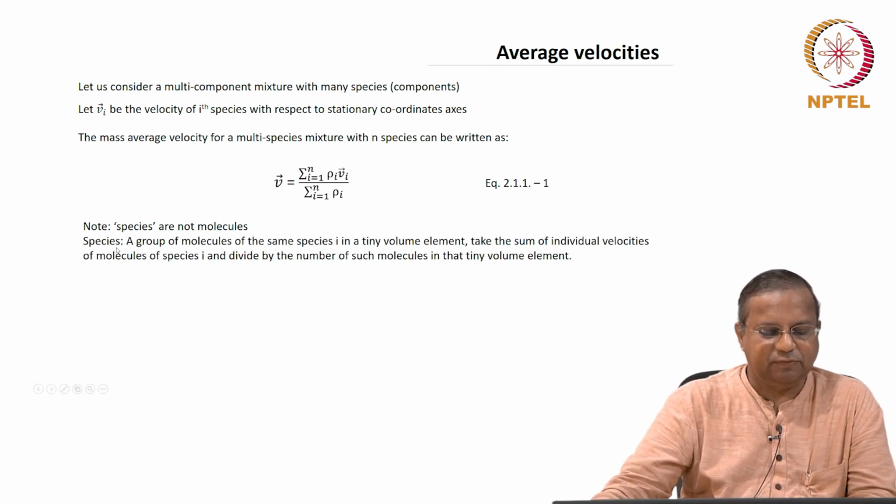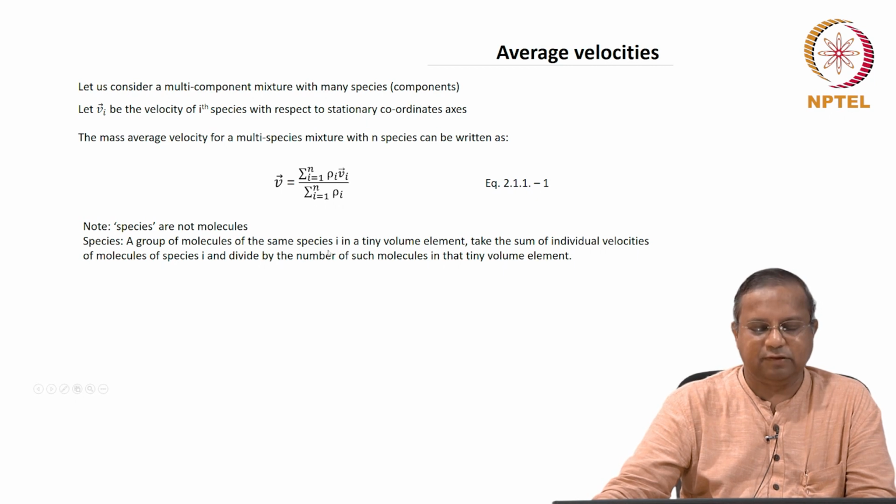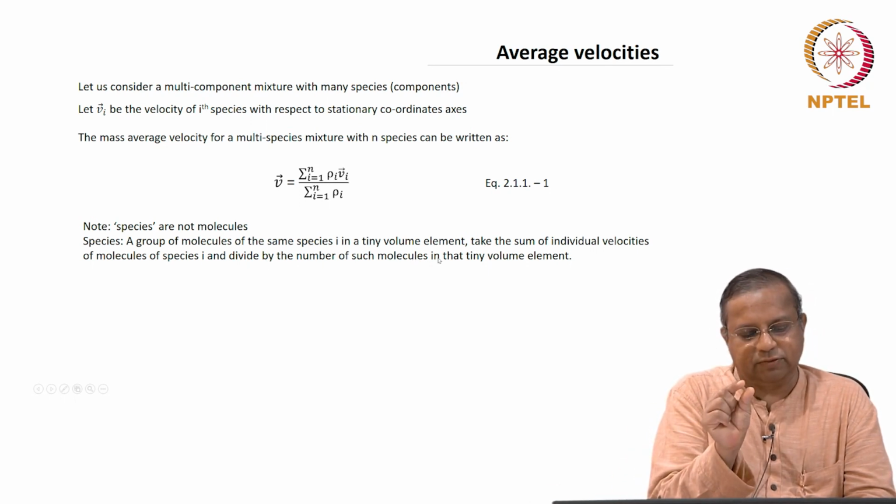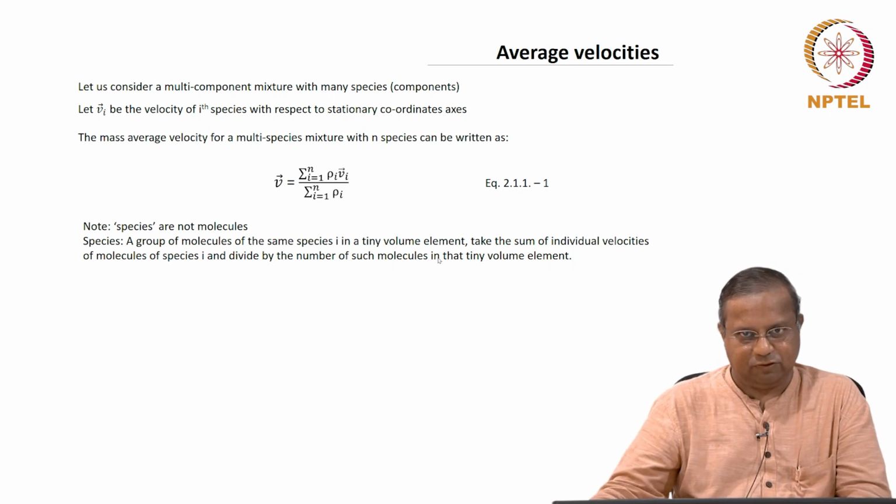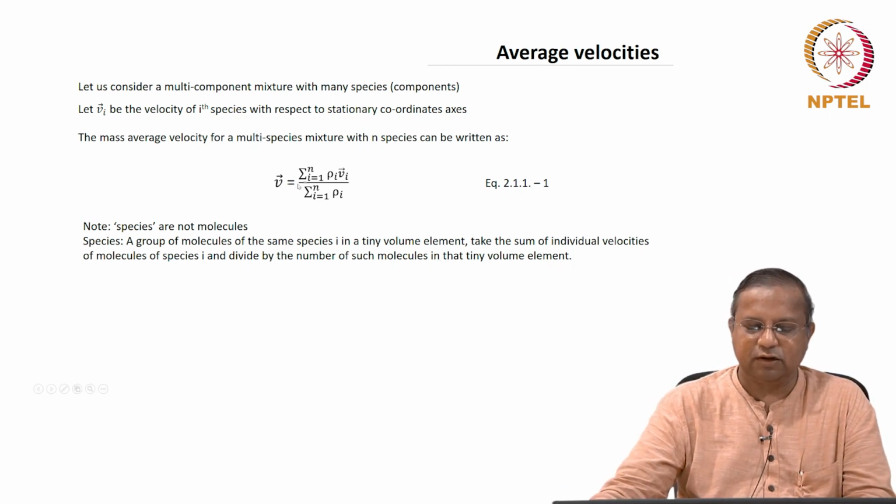More specifically, a species is a group of molecules with the same species i in a tiny volume element, and we take the sum of individual velocities of molecules of species i, divide by the number of such molecules in that tiny volume element. Okay. So, that is what gives us the average of the species. It is not with respect to individual molecules, but it is with respect to the species.